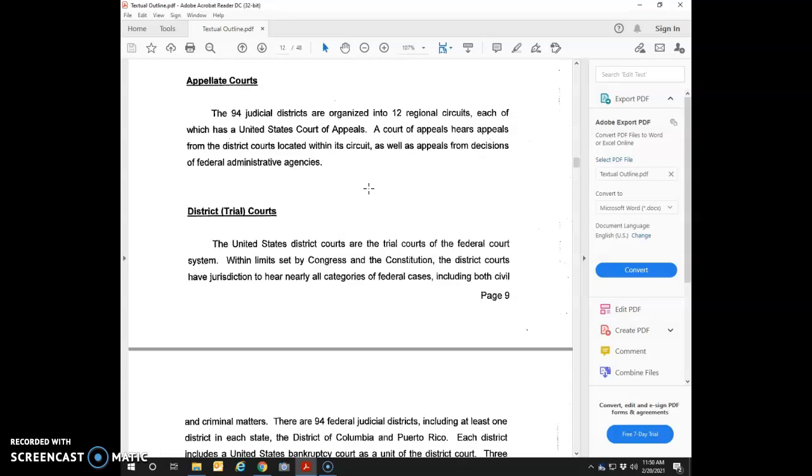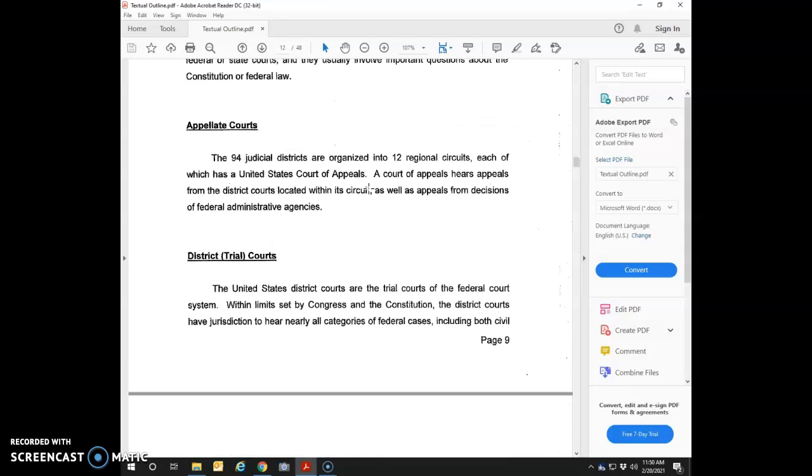Here in Western New York, actually in the state of New York, we are in the 2nd regional circuit, the 2nd Circuit Court of Appeals, which is headquartered in New York City. So we like appeals to that court because then we get to spend a day or two in New York City, courtesy of our client, we hope.